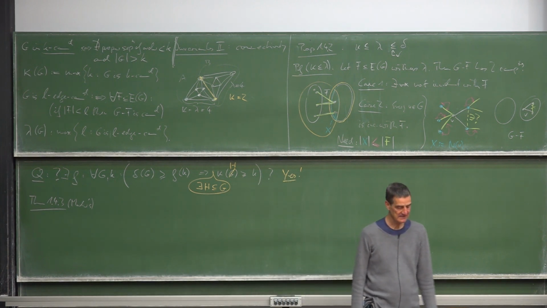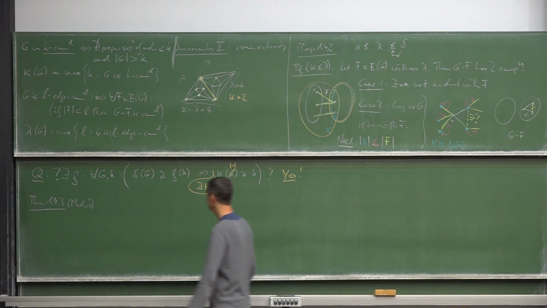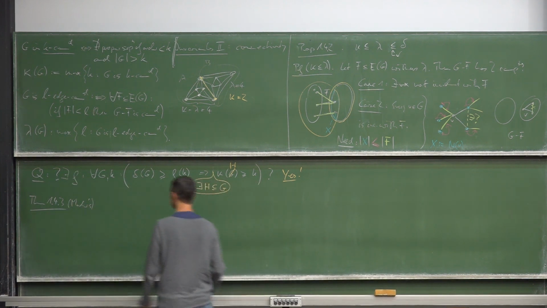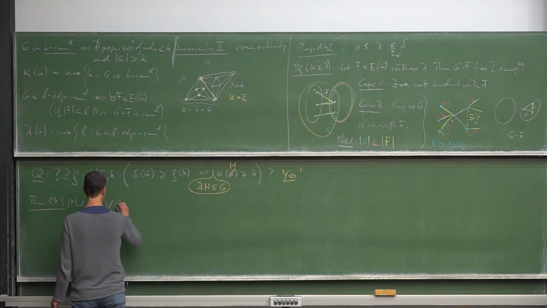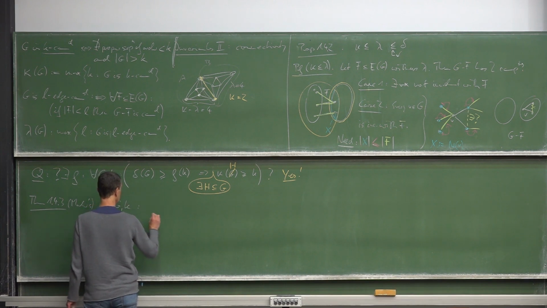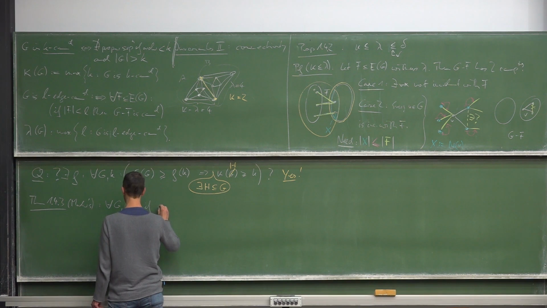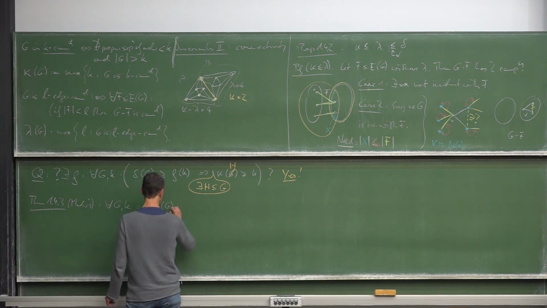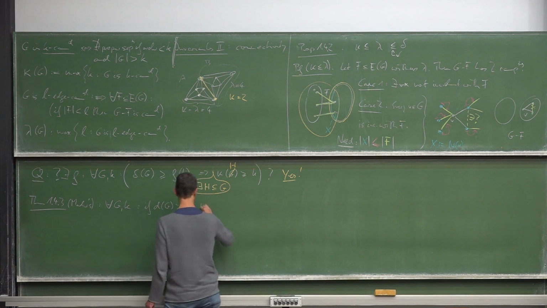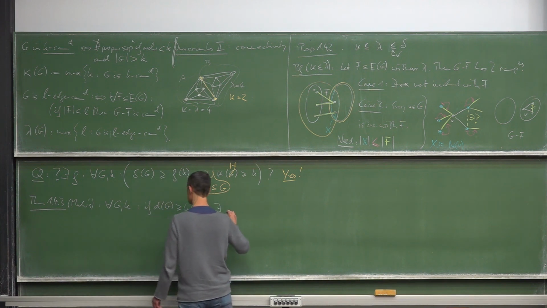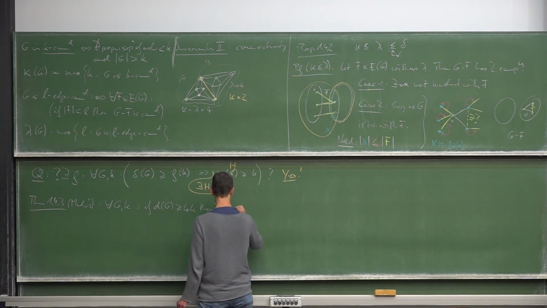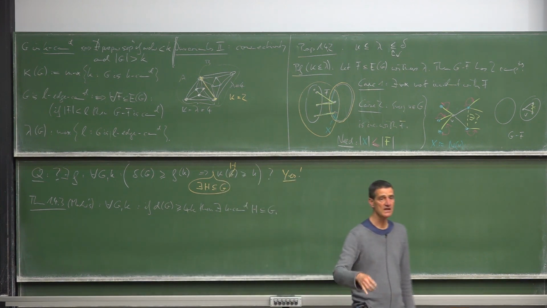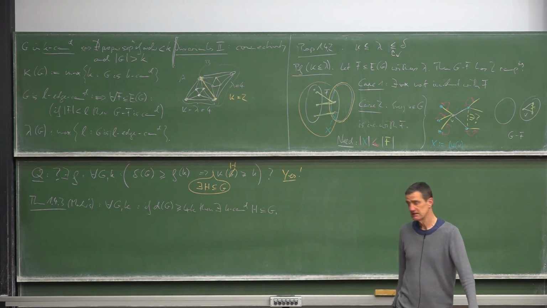It says basically that for every G and every k, if the average degree of G is at least 4k, then there exists a k-connected H in G.